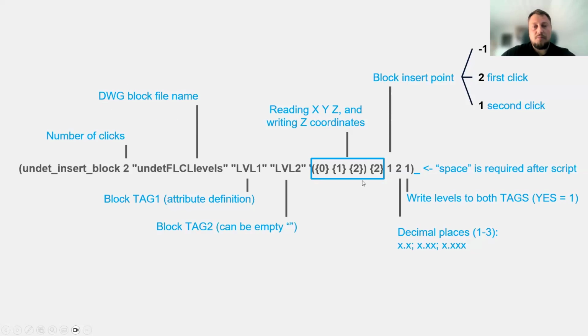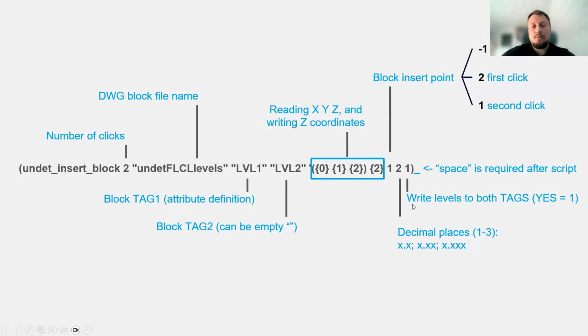We will see that software is reading XYZ coordinates. You can choose where to insert block on the first click position, second click position, or just take the average of all clicks. You can choose how many decimal places you want to see.